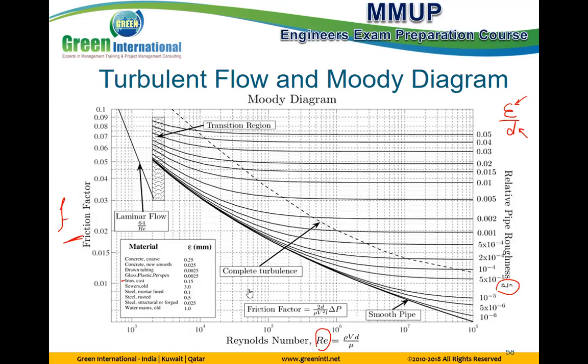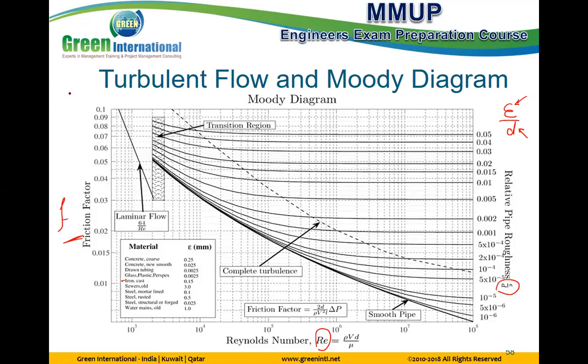Okay. This is the first thing. Second thing, the classification here. You will see this line is a linear line. This linear line represents what? The relation during laminar flow. So the relation for the friction factor with the Reynolds number is linear.